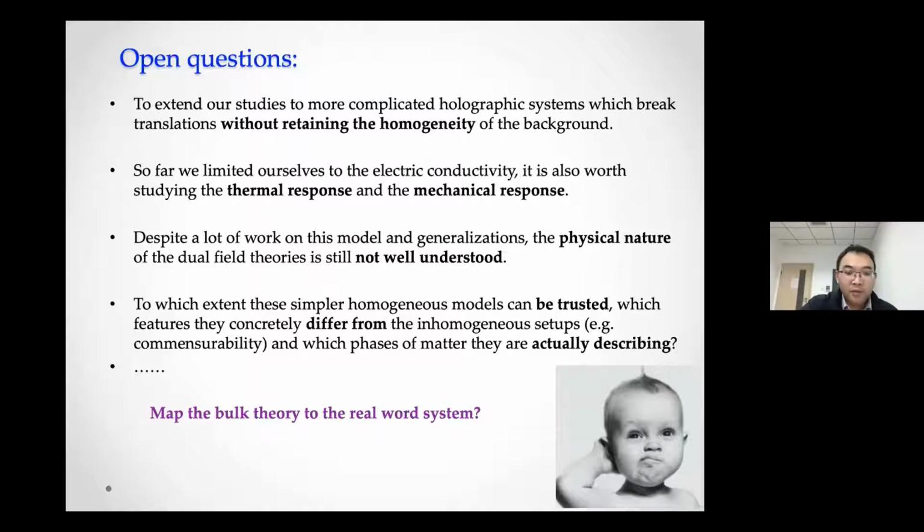There is a lot of work on this kind of model and its generalizations, but the physical nature of the dual theory is still not well understood. So to what extent can this simple model be trusted? Which features do they capture that differ from the inhomogeneous setup, and which phase of matter are they actually describing? These are interesting questions, and we hope to understand them in the future.